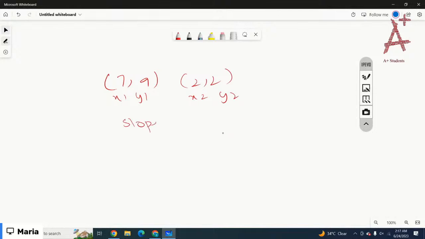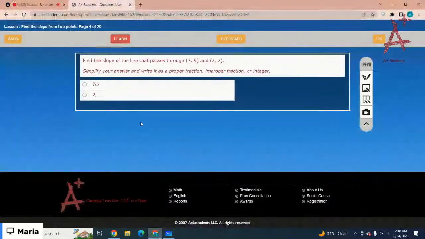So the slope is y2 minus y1, 2 minus 9, and x2 minus x1, 2 minus 7. So 2 minus 9 is negative 7, and 2 minus 7 is negative 5. So it would be 7 over 5. The slope is 7 over 5. The correct option is 7 over 5.